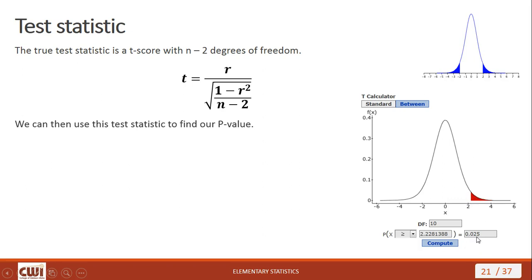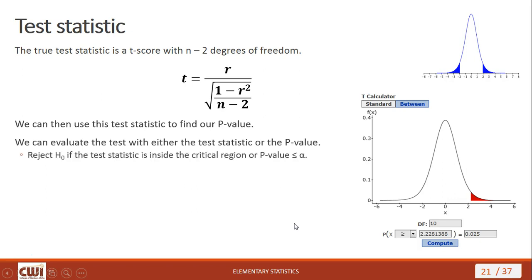So half of 5% is 2.5%. Calculate out, press compute, and then I calculate out the critical value here. This is the critical value I'll then compare with my test statistic. So we either use that or the p-value.